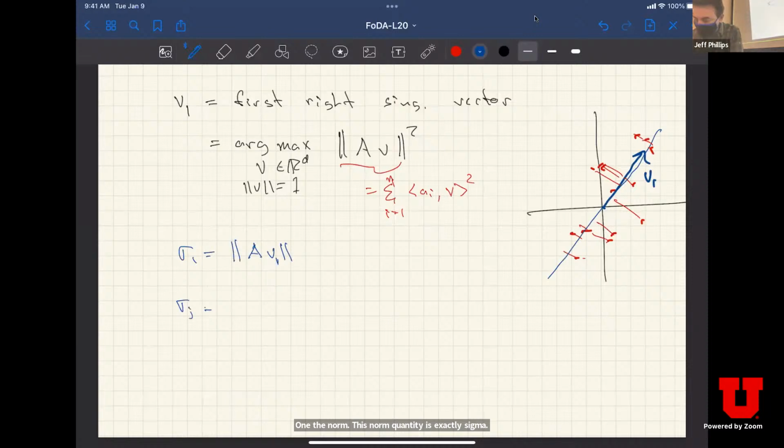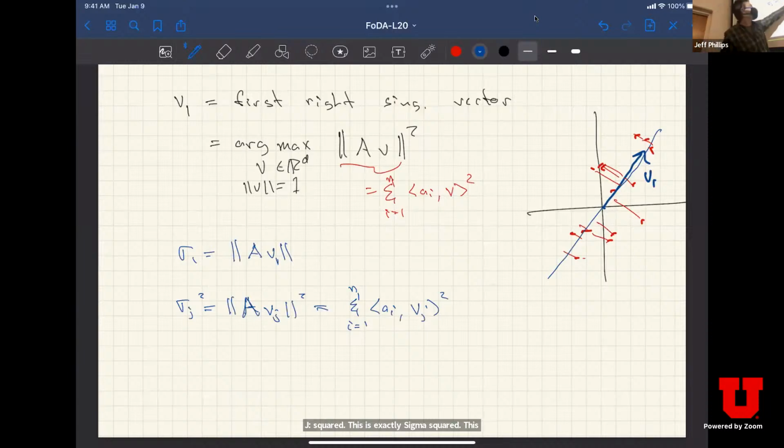So sigma_j is equal to the norm of A times V_j, which is exactly the projection. So sigma squared is, a little easier to write this way, the sum from i equals 1 up to n of a_i dot V_j, squared. This is exactly sigma squared.